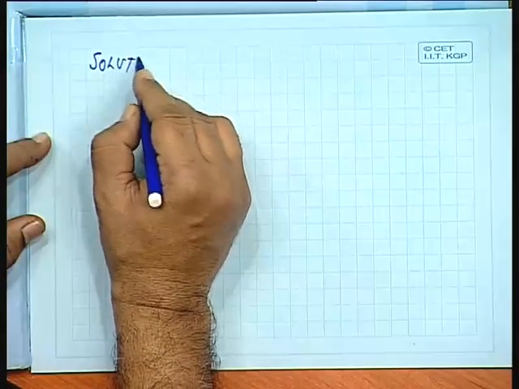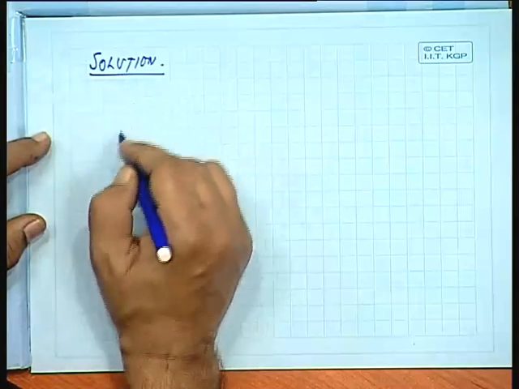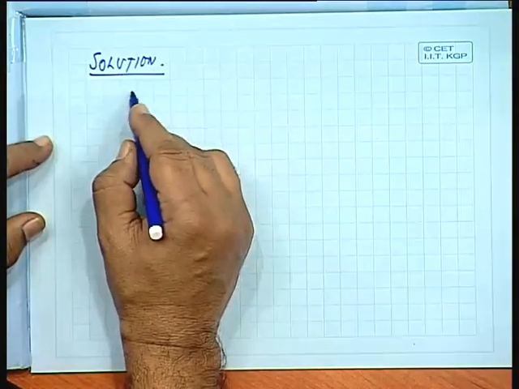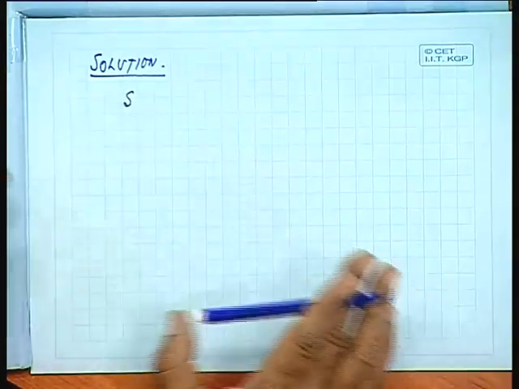So, we get, what would be the solution for this? Suppose it is initially relaxed, we will take up that.